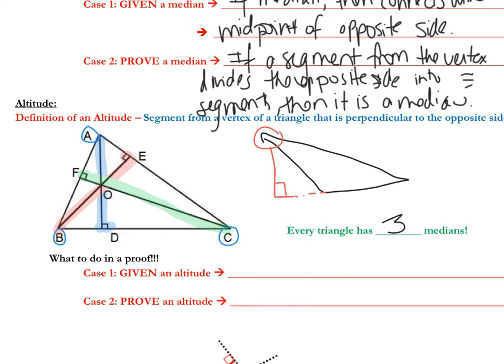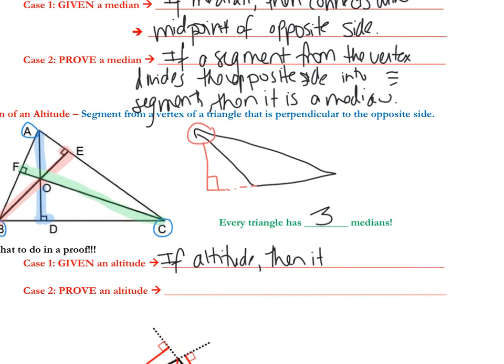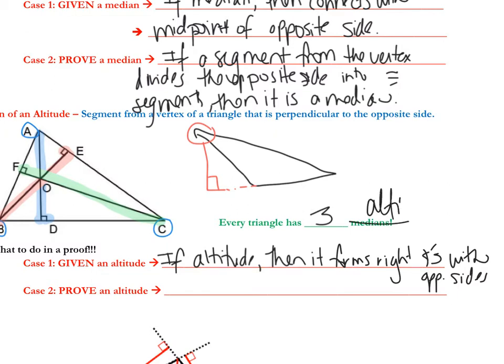All right, so if altitude, then it forms right angles with opposite sides. And what I just noticed was above this, it shouldn't say medians, it should say altitudes. Okay.